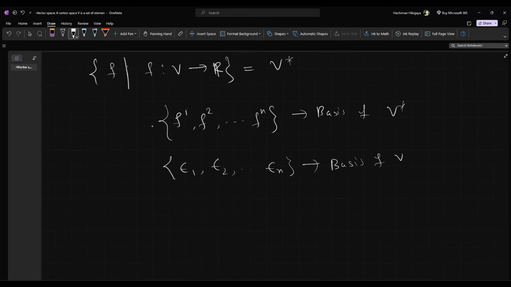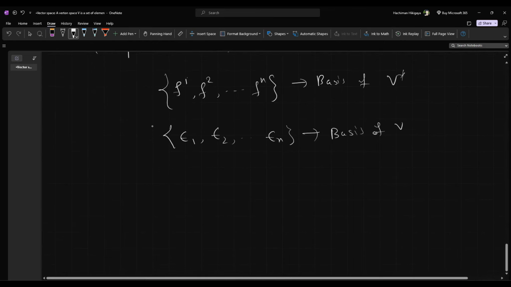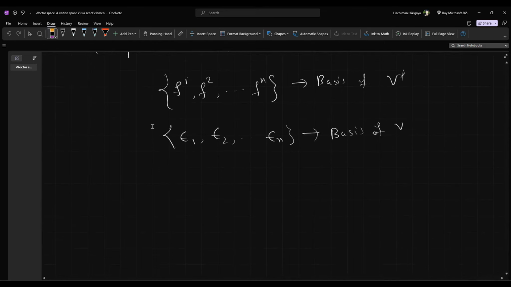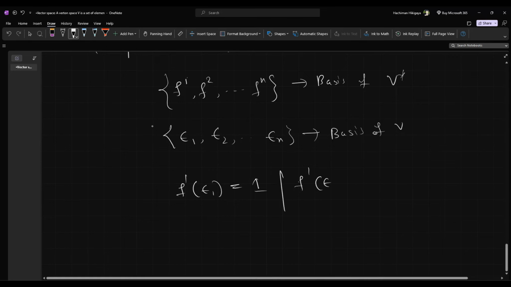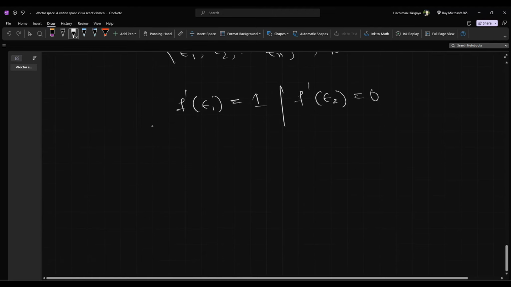We want that when f1 acts on epsilon 1, it gives us 1, and every other time it gives 0. So in general, we want f^n of epsilon n to be 1.